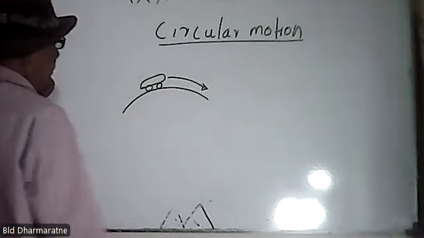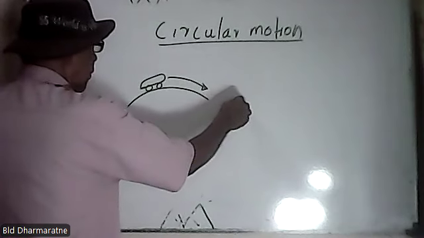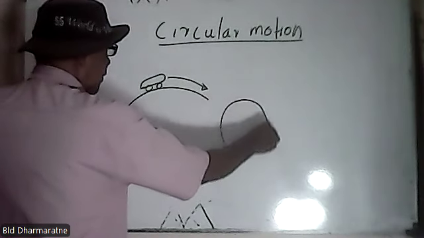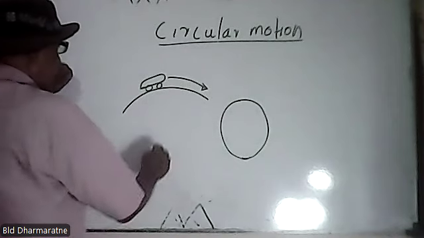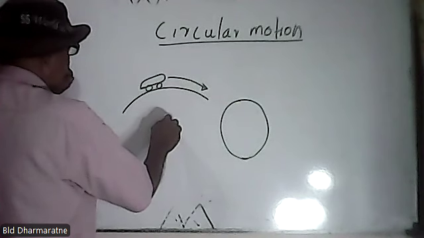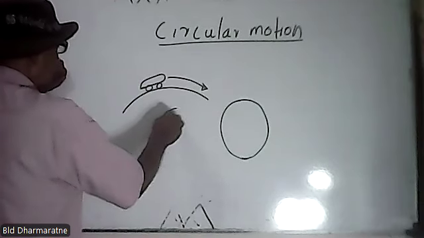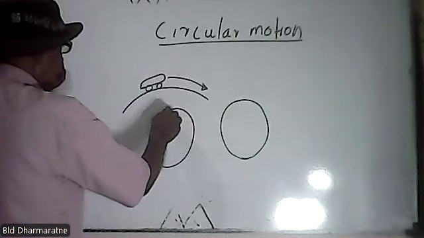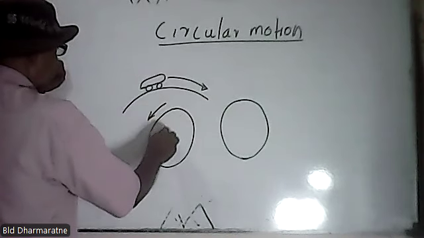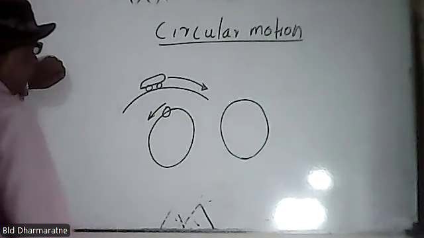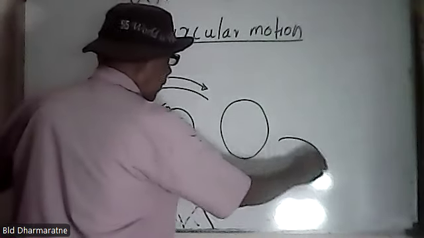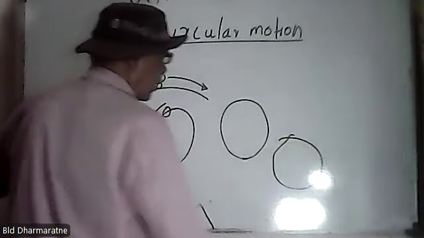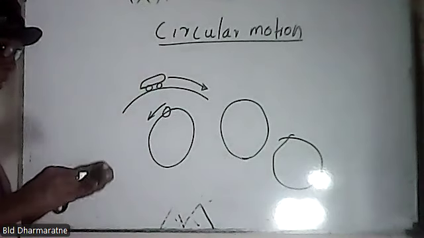Planets rotate, and planets in their orbits are in circular motion. Another thing is the bicycle wheel, rotating and traveling. That is also circular motion. We can see circular motion everywhere.